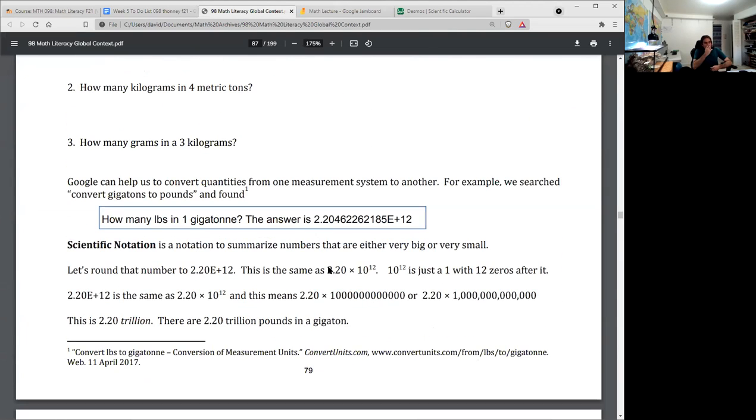Okay. What about where you have some other multiplication stuff going on? How many pounds are in a gigaton? The answer is this big thing here. And that's an example of scientific notation. So I'm going to take that and start it on a new slide.